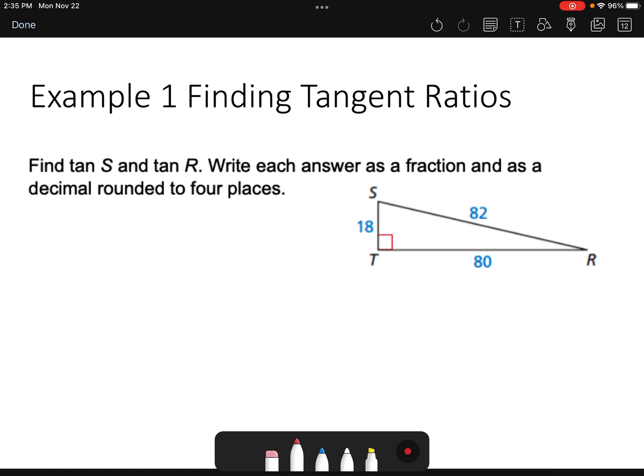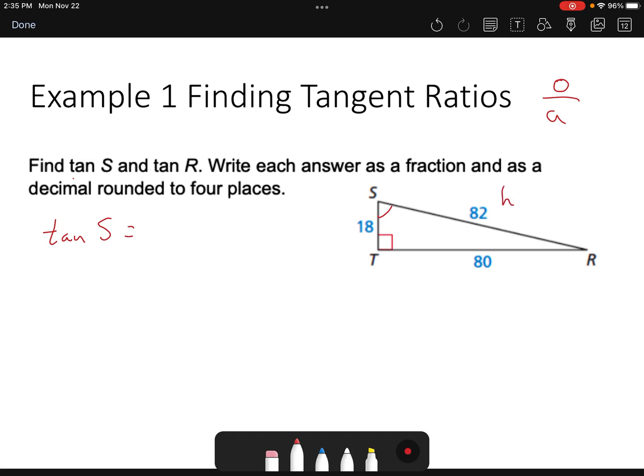Okay, so let's find some tangent ratios. It says find the tangent of S and the tangent of R. Notice that is the abbreviation, but we say tangent. We don't say tan. Drives me nuts. Okay, what's the tangent of S? Remember, tangent is opposite over adjacent, so it's a good idea to list the sides.